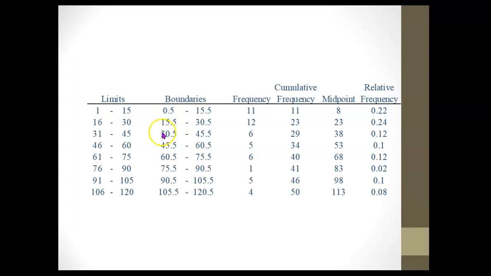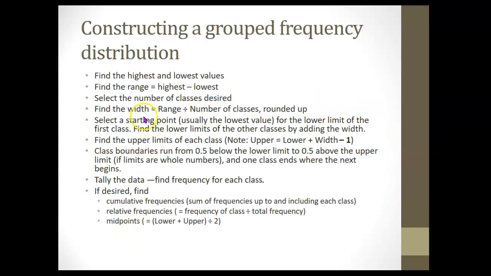So the width of a class is how far apart the boundaries are, the upper boundary minus the lower boundary. So if you start by deciding how many classes you want, then to find the width, what the width has to be, take the range that you calculated, divide by the number of classes, and then bump that up to the next highest whole number.